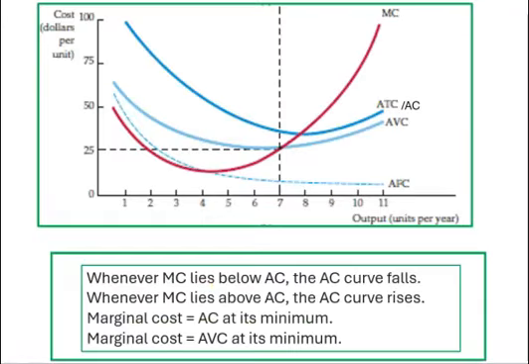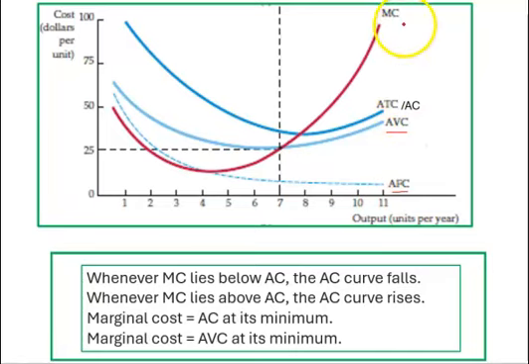This graph here shows the relationship between marginal cost and average cost. It also shows that average cost, also known as average total cost, is a sum of average variable cost and average fixed cost.